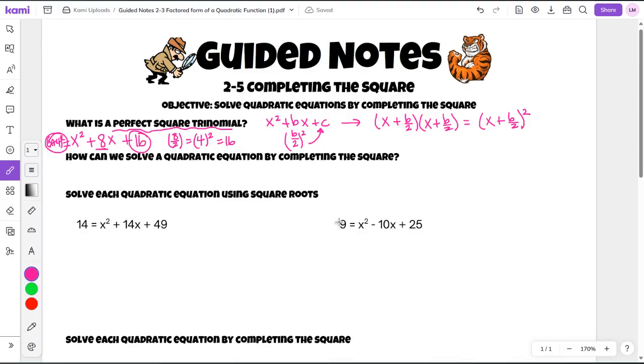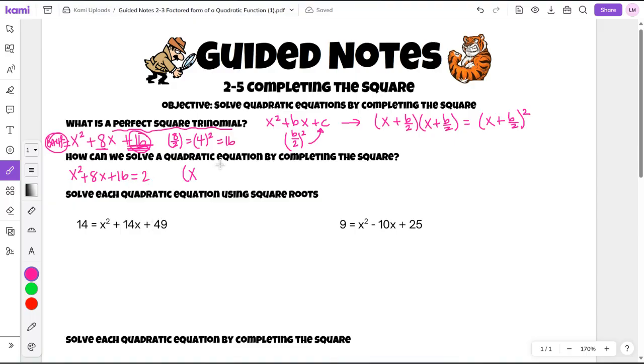So how can we solve a quadratic equation by completing the square? We are going to force these quadratics into perfect square trinomials, and the way we do that is by filling in this term. Let's say our equation is x squared plus 8x plus 16 equals 2.